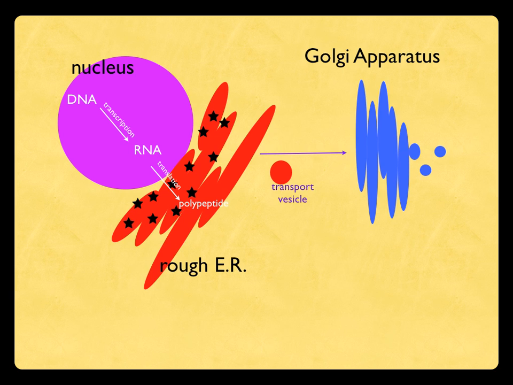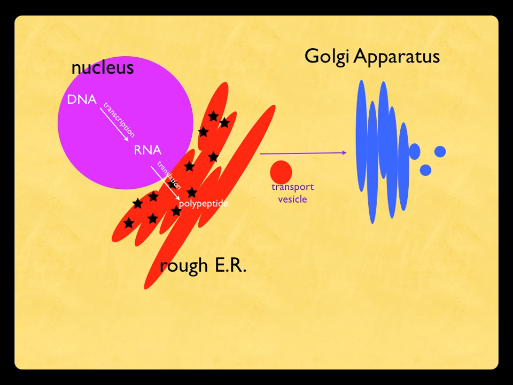Once it's at the Golgi apparatus, the transport vesicle fuses and becomes part of the Golgi apparatus and releases the contents of the polypeptides that it's carrying into the Golgi apparatus. And then the polypeptide is moving through the Golgi apparatus, where more signaling sugars are put onto it, and where the Golgi apparatus may fold or bend or add components to that polypeptide.